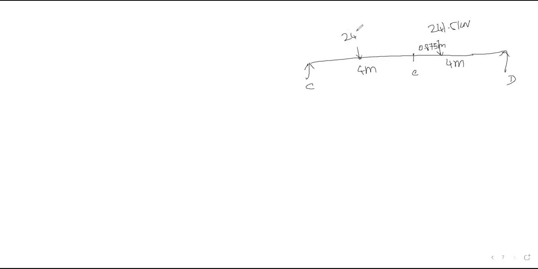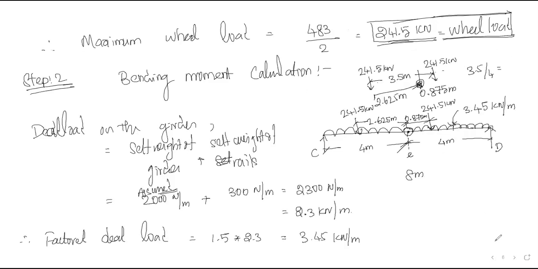So let us consider only the wheel loads. C and D are the supports, and this is point E, mid span, 4 meter and 4 meter. Here I have the wheel load of 241.5 kilonewton at 0.875 meter, and another wheel load of 241.5 kilonewton at a distance of 2.625 meters.